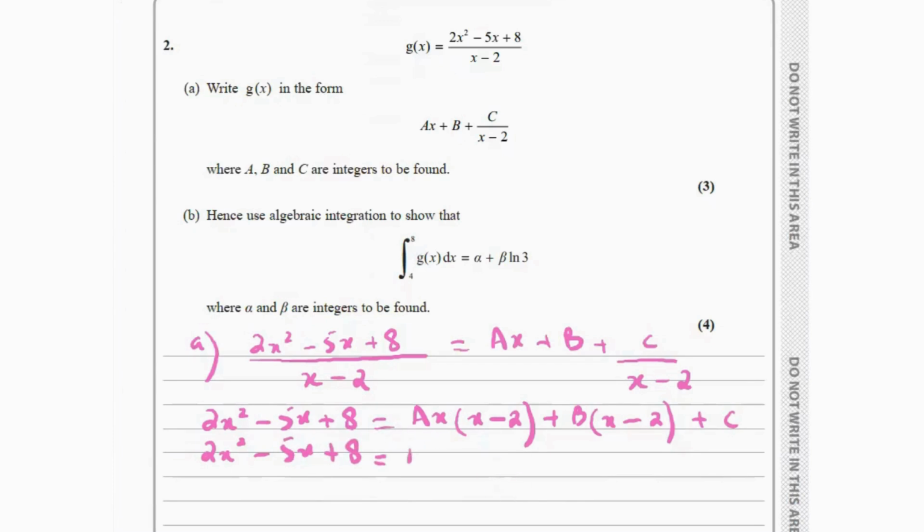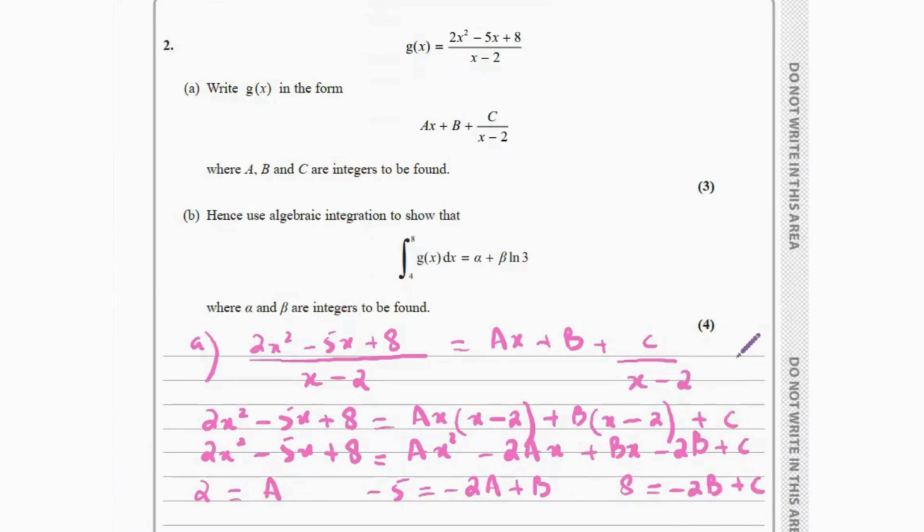That's going to be ax squared minus 2ax plus bx minus 2b plus c. So 2 equals a, minus 5 equals minus 2a plus b, and 8 equals negative 2b plus c.